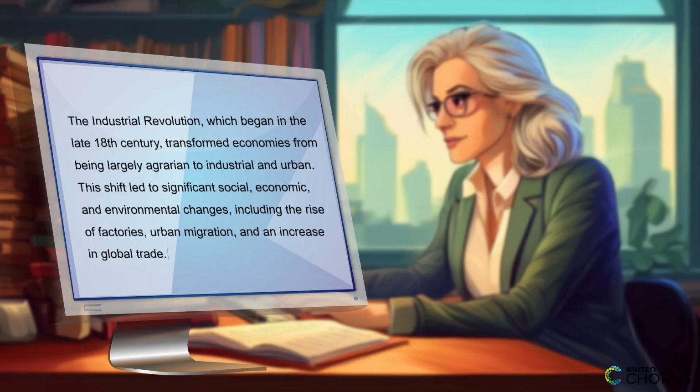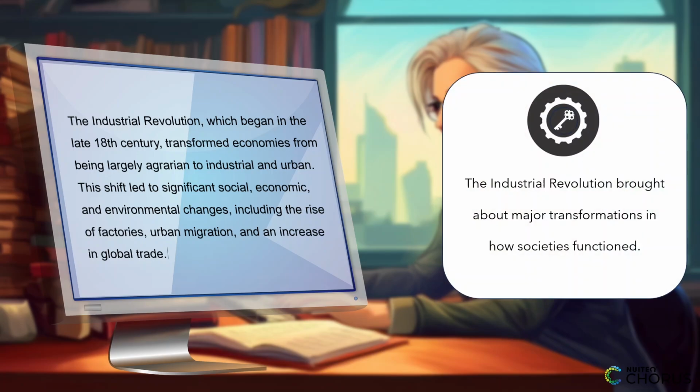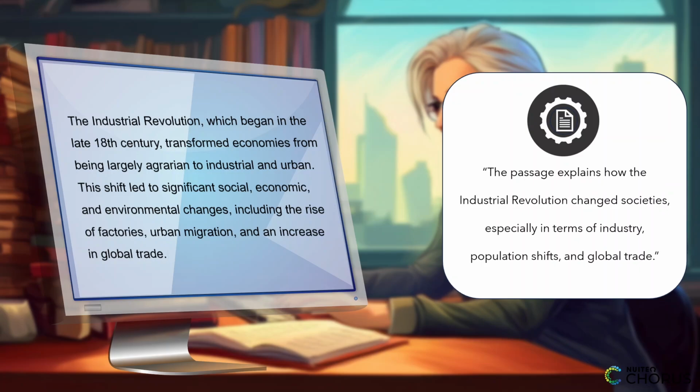The central idea here is that the Industrial Revolution brought about major transformations in how societies functioned. A strong summary could be: the passage explains how the Industrial Revolution changed societies, especially in terms of industry, population shifts, and global trade. Again, the summary is based purely on the information given in the source.